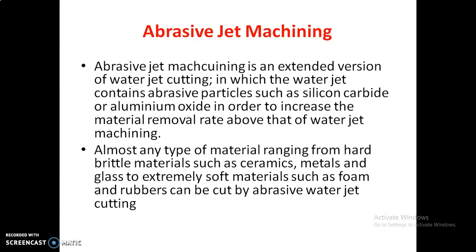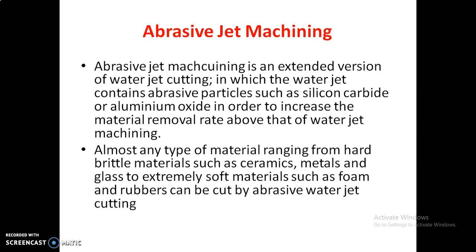In this, abrasive particles are used. Almost any type of material, ranging from hard brittle materials such as ceramics, metals and glass to extremely soft materials such as foam and rubbers, can be cut by abrasive water jet cutting, which is not possible with water jet machining. They are only used for soft material, but in the case of abrasive jet machining, you can go for hard materials also.